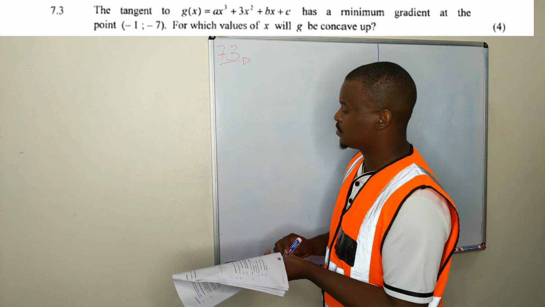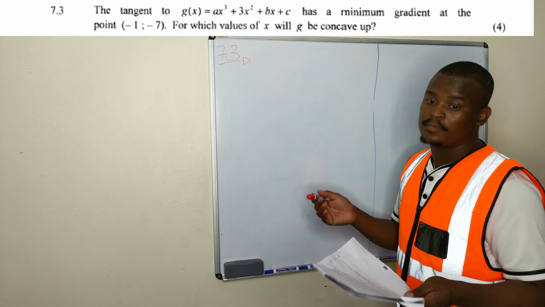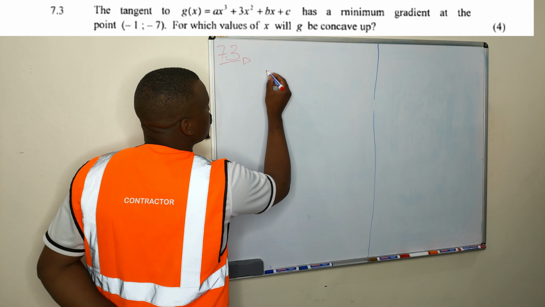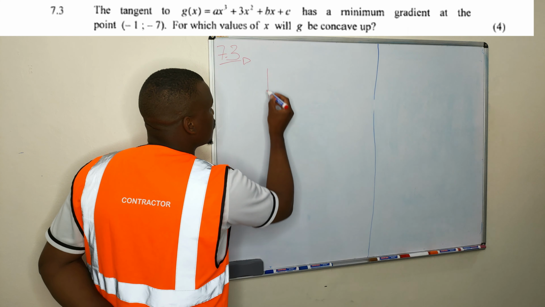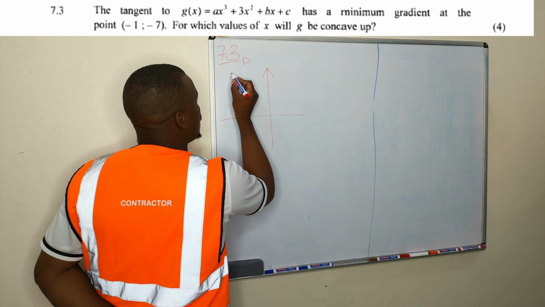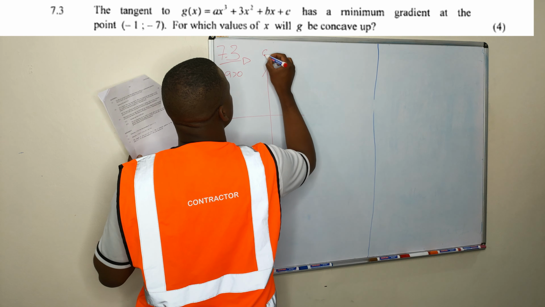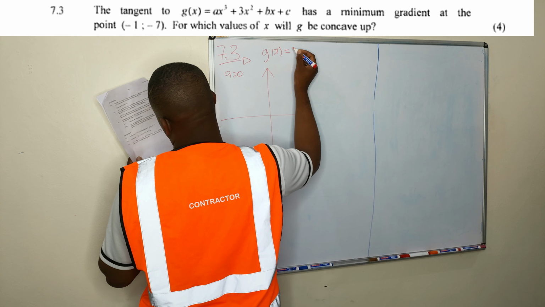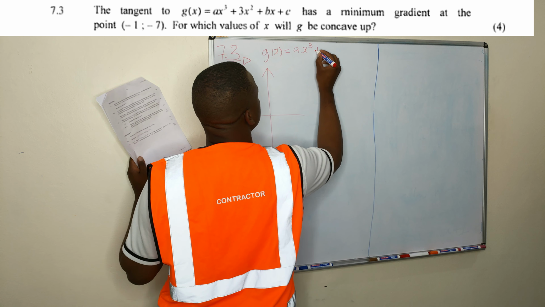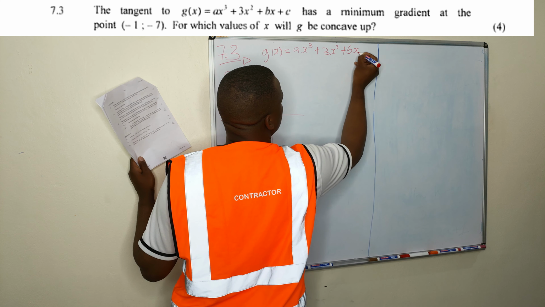So let's suppose that I'm just going to draw rough sketches of cubic functions. So let's say you have this cubic function here, where a is greater than 0, which means, they said that g of x is equal to ax cubed plus 3x squared plus bx plus c.